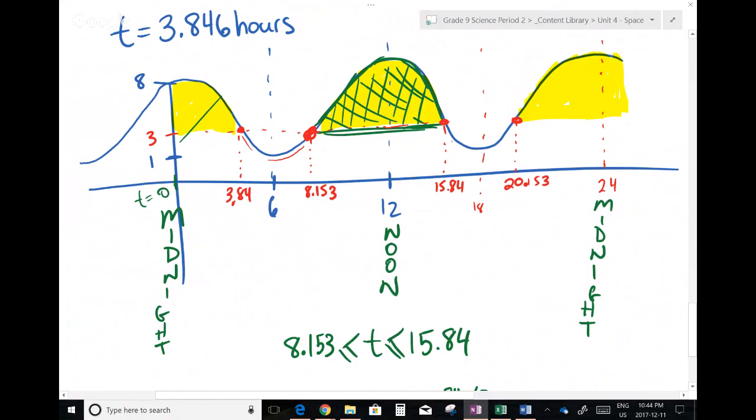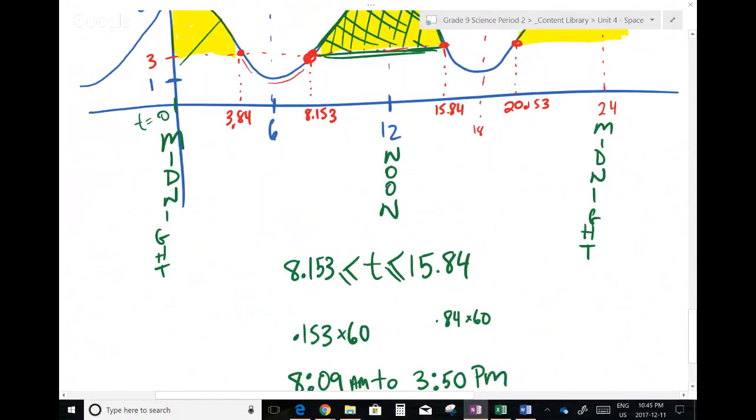Then from 8 a.m. to 3 p.m., almost 4 p.m., the water is again safe. And then from 4 p.m. to 8 p.m., the tide is too low. And then from 8 p.m. until, as we know, 3 a.m. the next morning, the tide is high enough, but that's not daylight hours. So it's just this middle section here that we like.